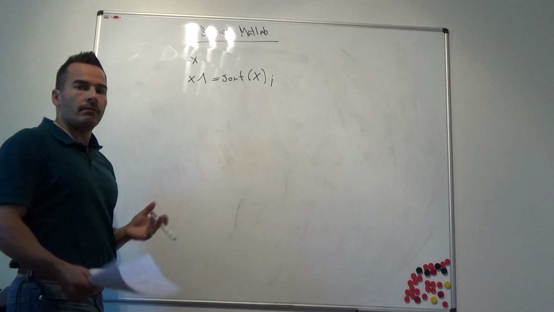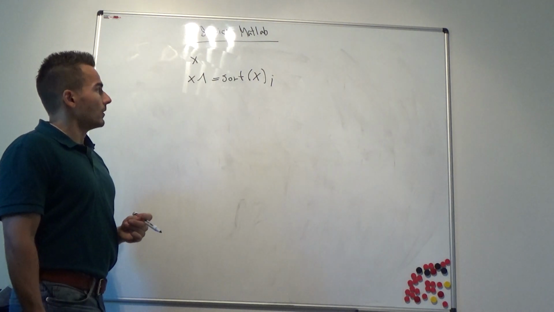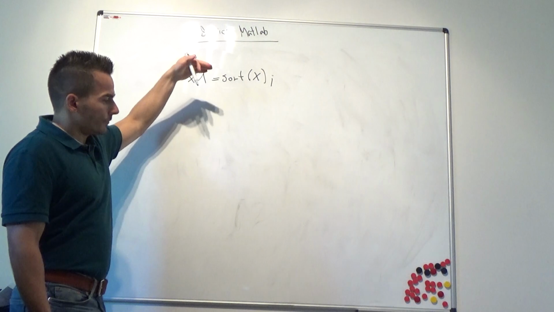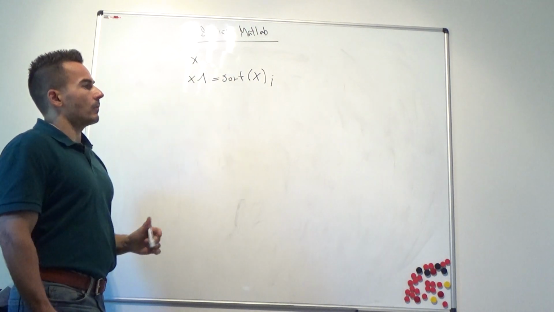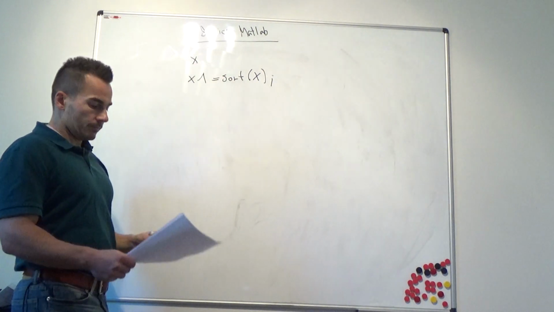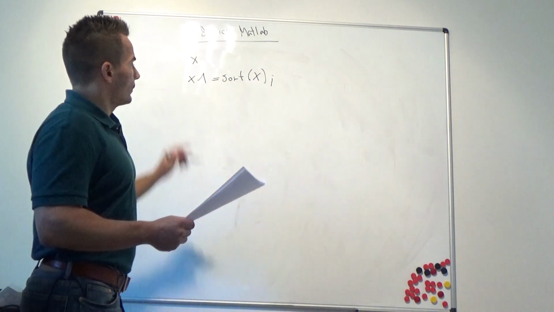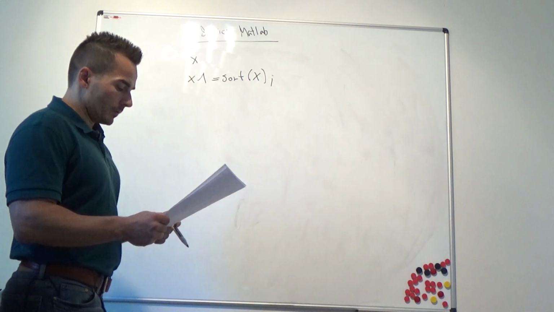It's very, very simple. So we get the same vector with sorted entries in increasing order. And obviously they have the same dimension, it's a T by 1 vector.